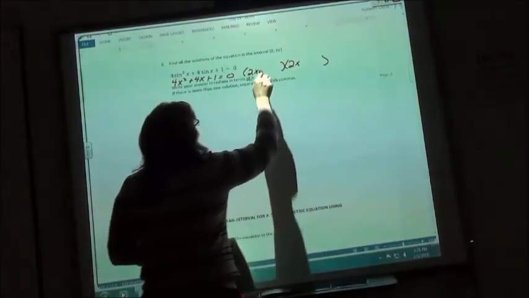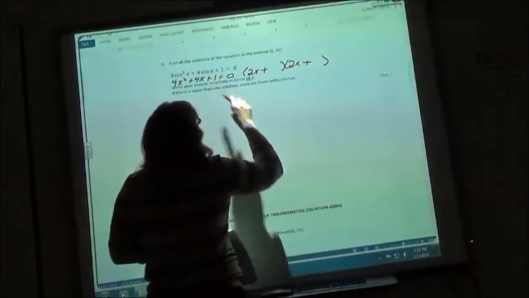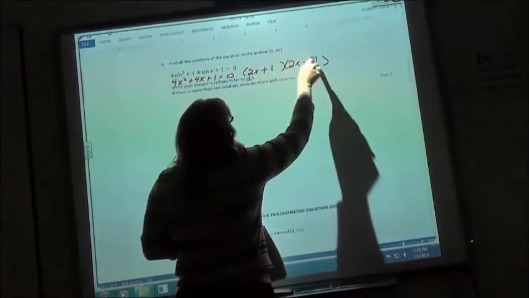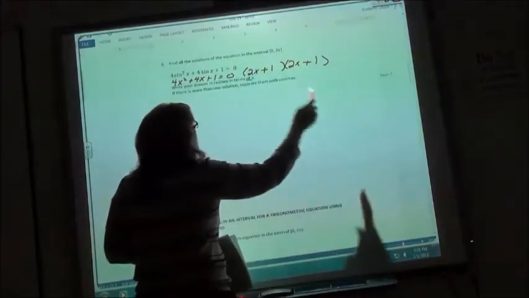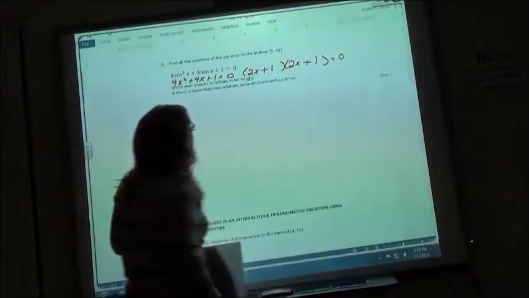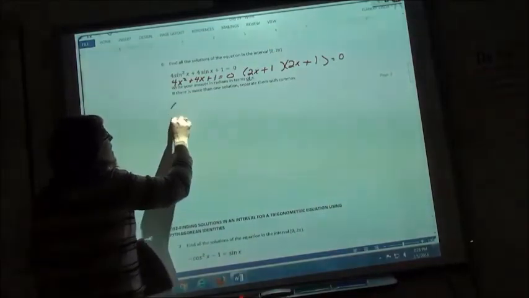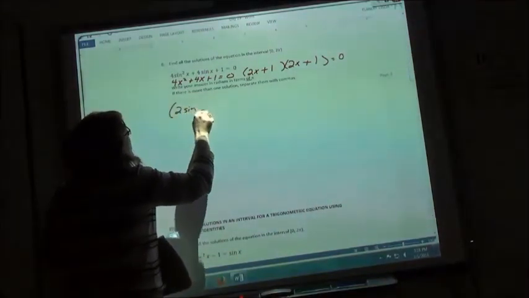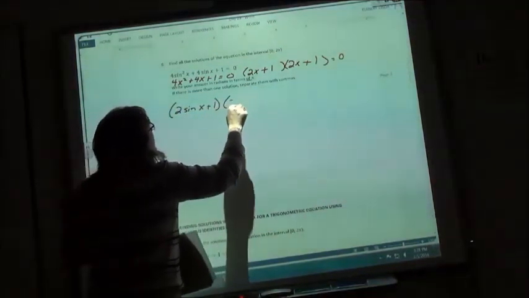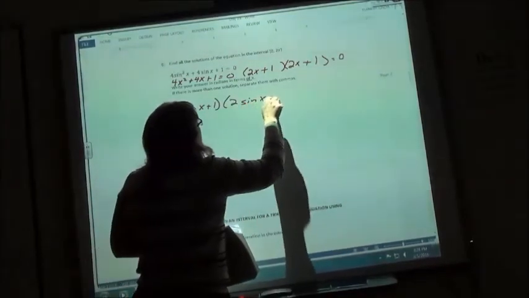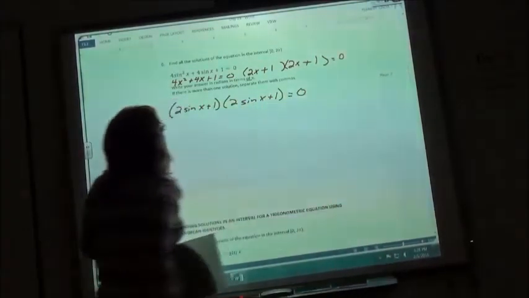My signs are both pluses. And if I do 1, I get 2x plus 2x, which is the 4x in the middle. So that factors out. So I would say that I have 2 sine of x plus 1 times 2 sine of x plus 1 equals 0. And again, I could FOIL that out just to double check it, but that should be good.